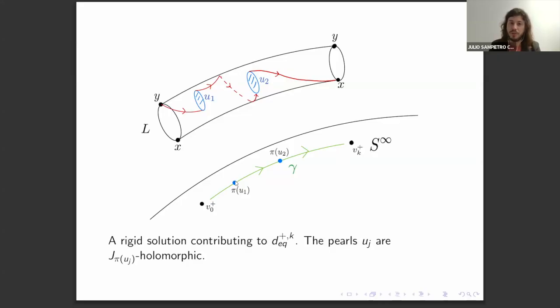I just look at the holomorphic structure downstairs. So I project to gamma. And I go like, okay, so this point gives me a holomorphic structure. I make a jump, then I flow again, then I may decide to do another jump, etc. And so here I started at y, and then I ended at x. So this is the case where I go from V0 plus to Vk plus.